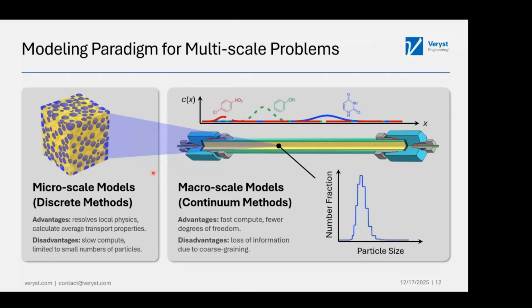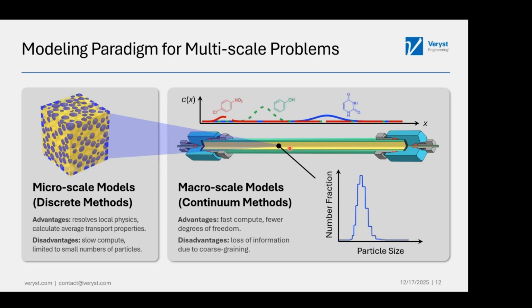That paradigm influences our modeling methodology. We might often construct a microscale model of a countable number of particles in a system. This could be a fixed bed, or it could be a countable number of particles in a suspension. The purpose of such microscale models is to calculate effective transport properties. Those transport properties are used in macroscopic models of the system.